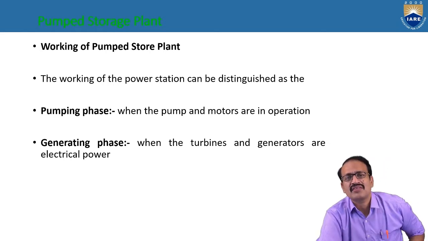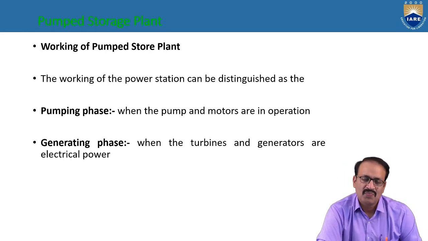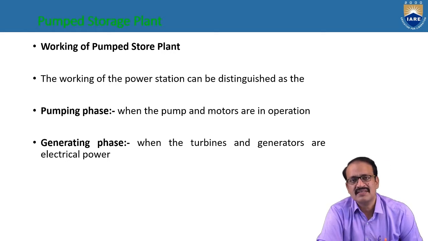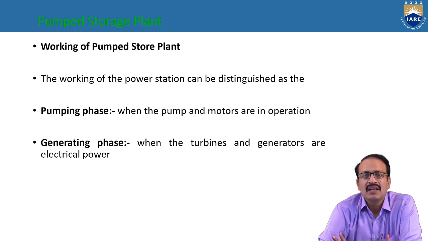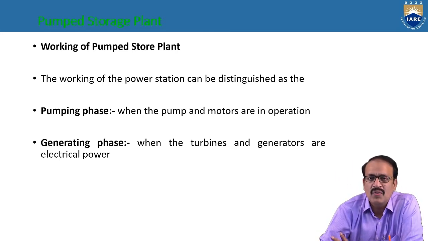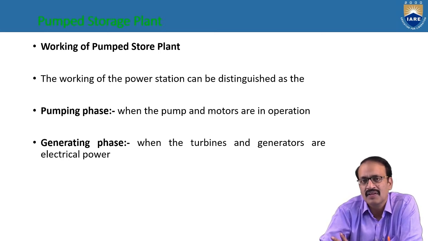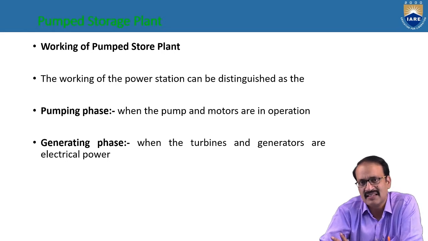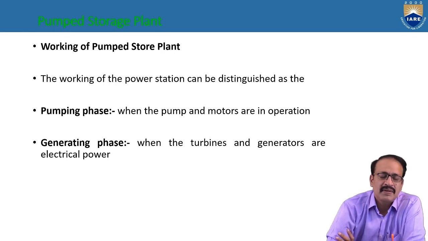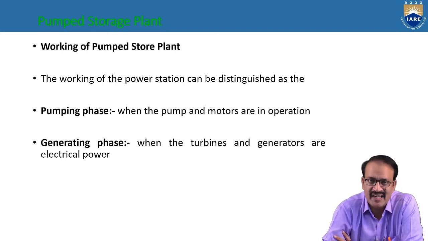So in this phase, the pumps and motors will be in the operating mode. And there is a second phase, that is the generating phase. In this phase, we are going to release the water which is stored in the dam during the less demand times, and because of the head, because of the penstock, the water is reaching the turbines in this pumped storage plant, and the turbine is going to rotate.